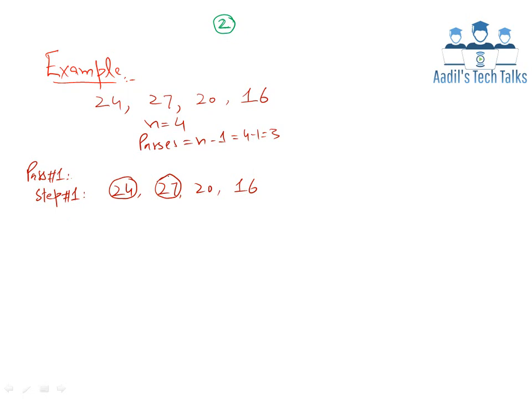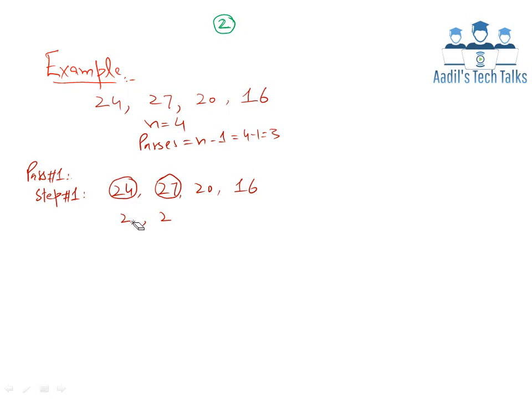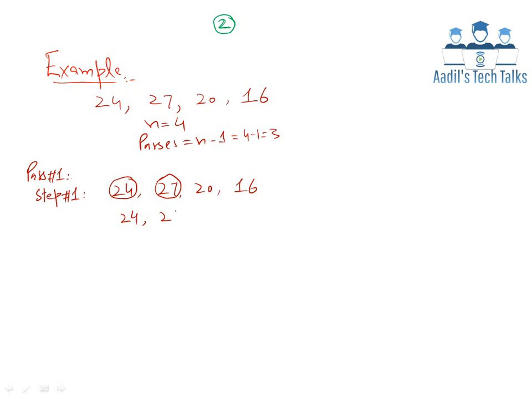As 24 is smaller than 27, there is no need to interchange them. So the result is 24, 27, 20 and 16.